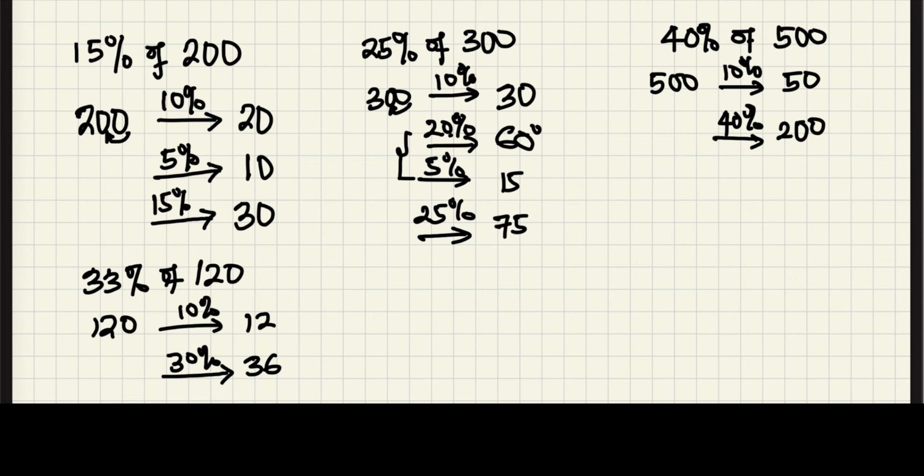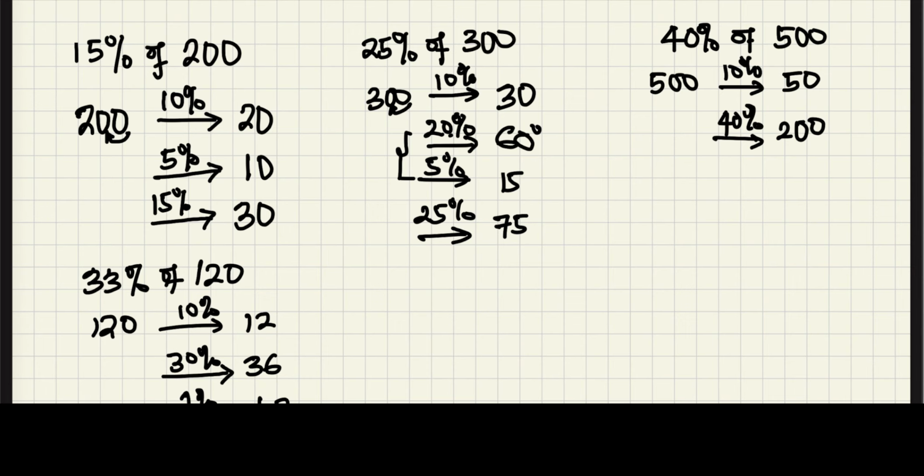So we have 36 here, and we need 3%, so we need to get 1% first to make it easy. What is 1% of 120? That will be 1.2, because we just need to move the decimal point once.